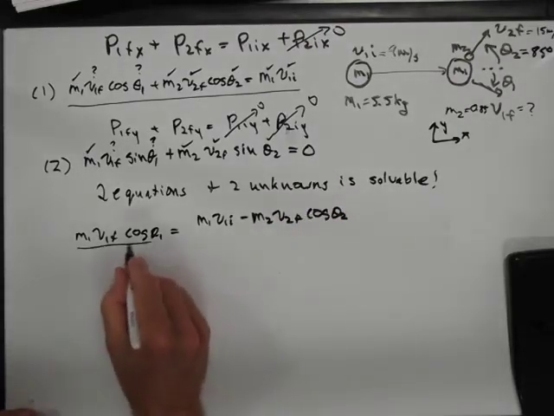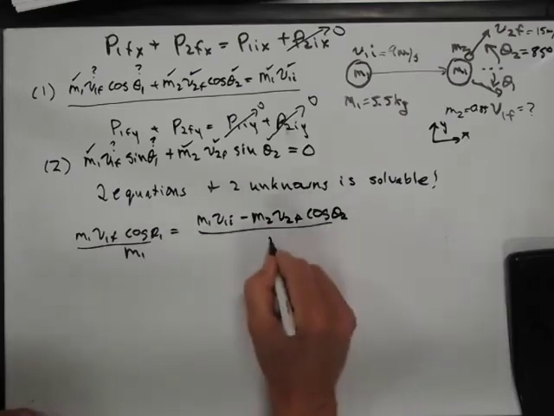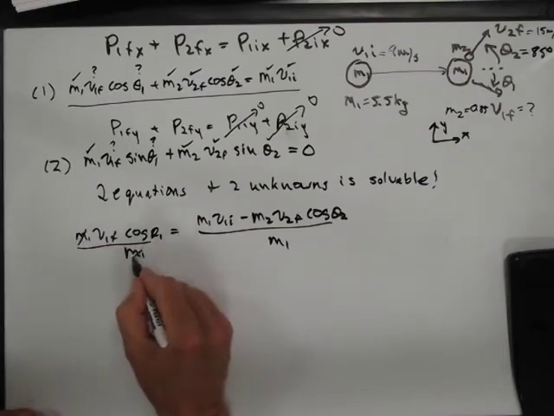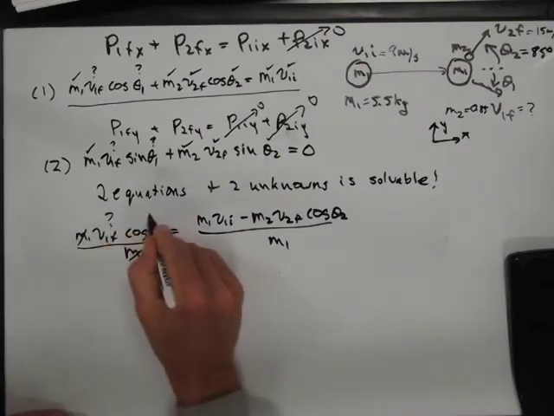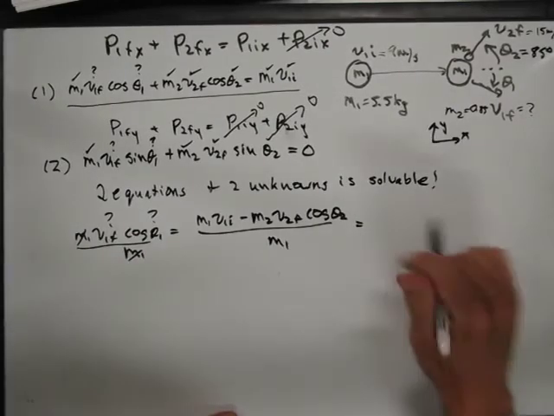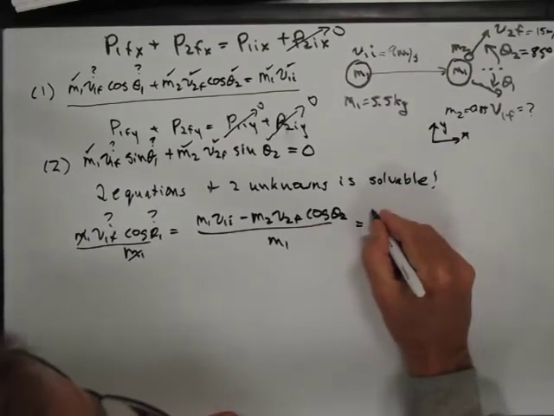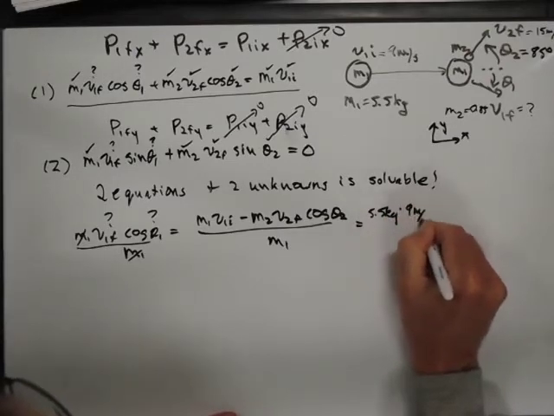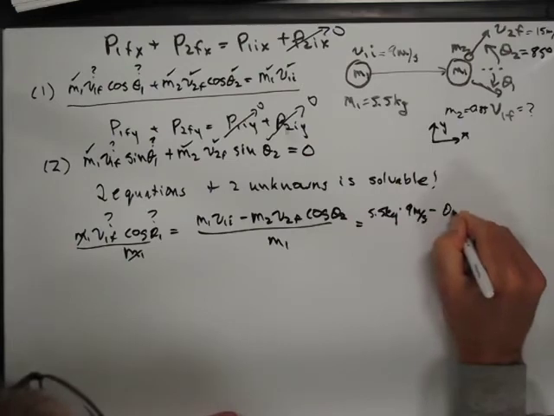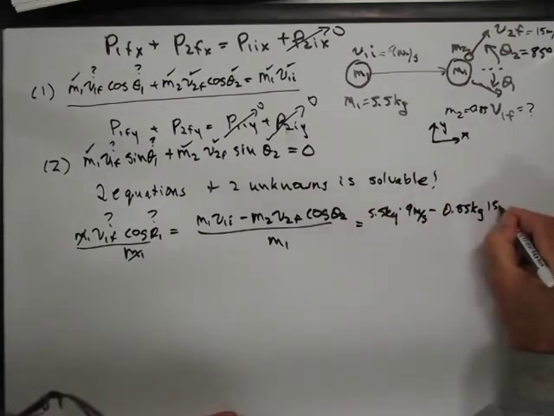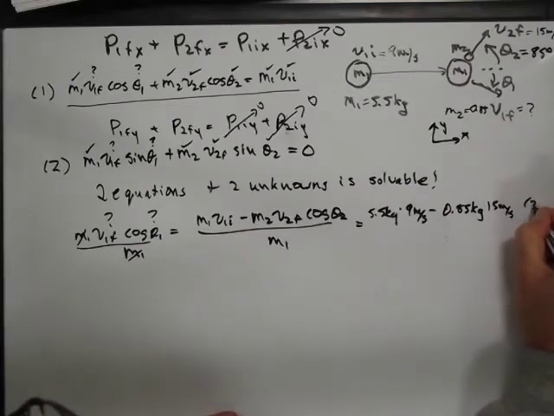And then I'm going to divide both sides by m1, and that's going to leave me just V1 final cosine theta 1 here. These are the two things I don't know, right? And then I'm going to substitute in here and solve. This is 5.5 kilograms times 9 meters per second minus 0.85 kilograms times 15 meters per second times the cosine of 85 degrees.